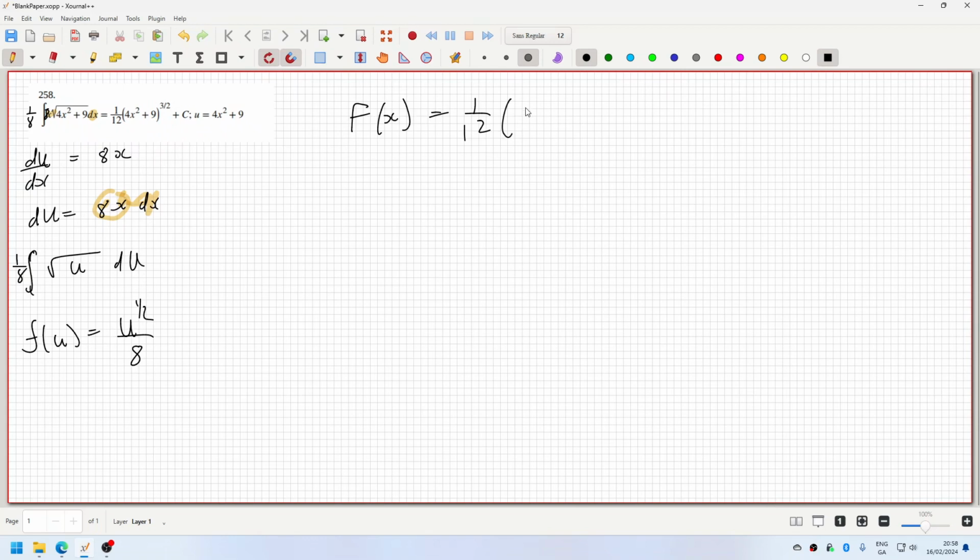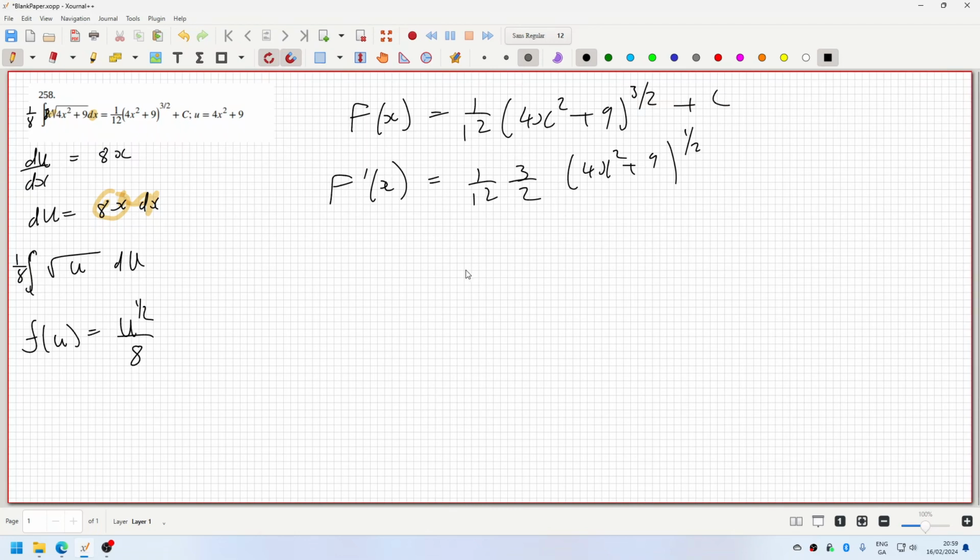So 1 over 12 times 4x squared plus 9. So the derivative here, that would be bring down the power, reduce the power by 1. And the c is gone, obviously. So that's 1 over 8 root 4x squared plus 9.